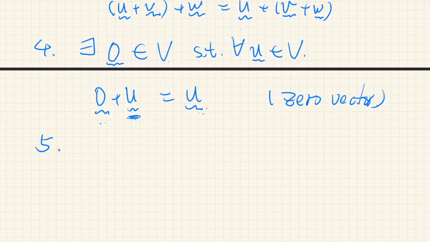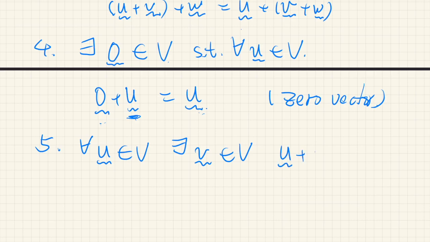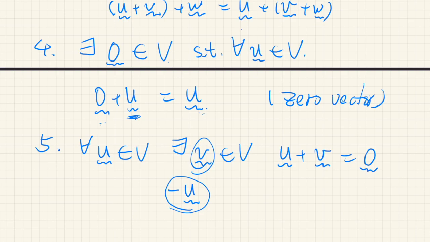And 5, for any vector u, there exists a special vector v such that u plus v is the 0 vector. And such v is actually written as negative u. So this one is usually written as negative u, and it's called the additive inverse of the vector u.